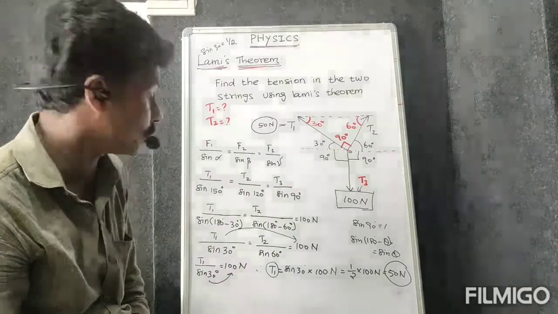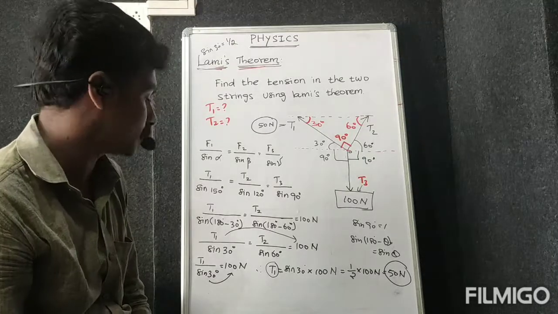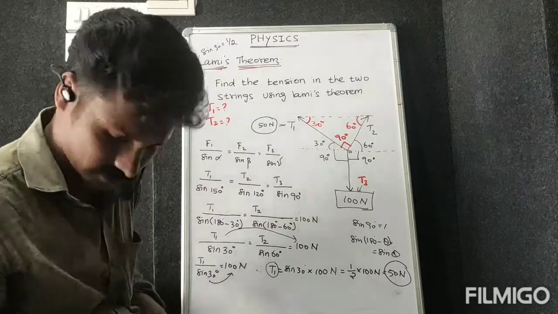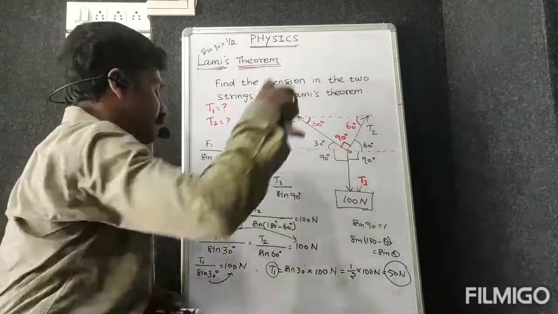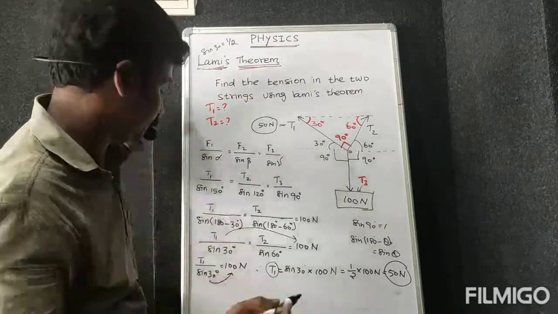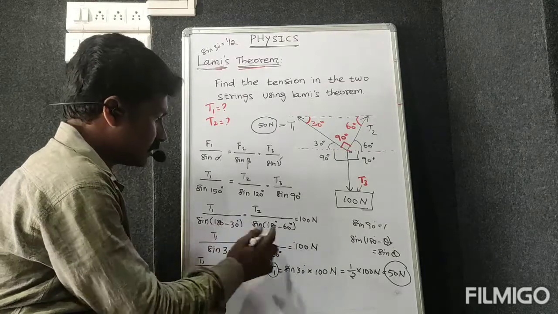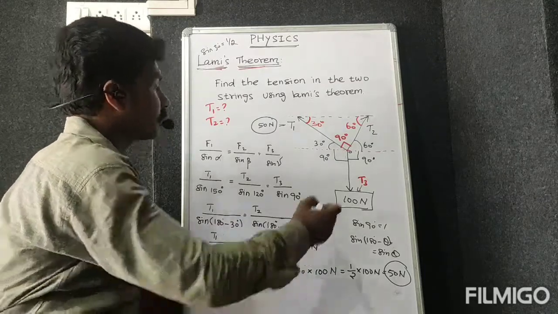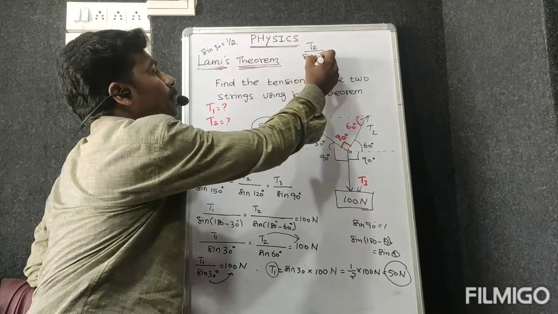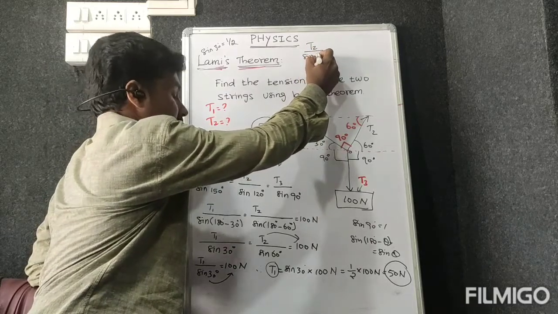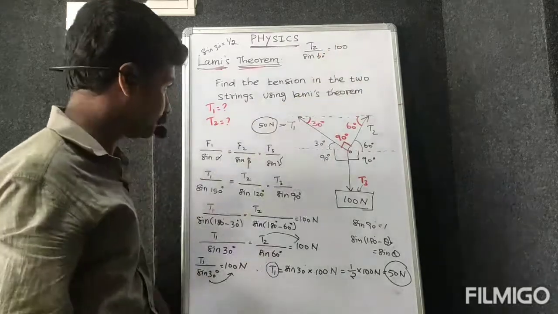Like that, we are going to find the T2 value. I think there is no place here, so I can write it above, no problem. Please listen. The T1 comparison is over. Next, compare these two. T2 divided by sin 60 is equal to 100 Newton.